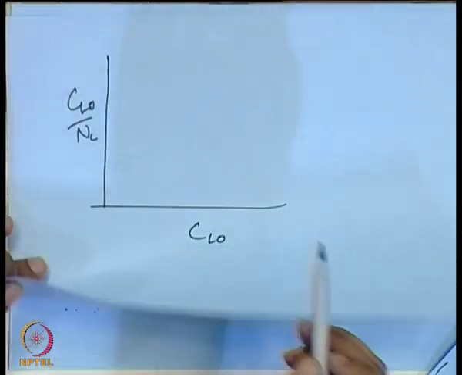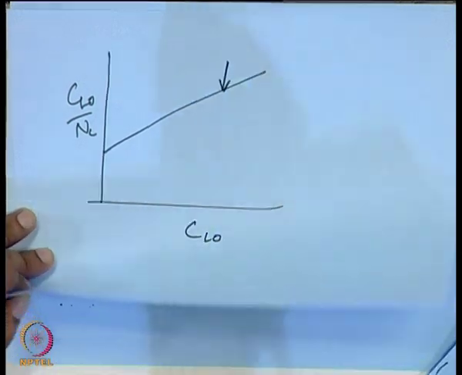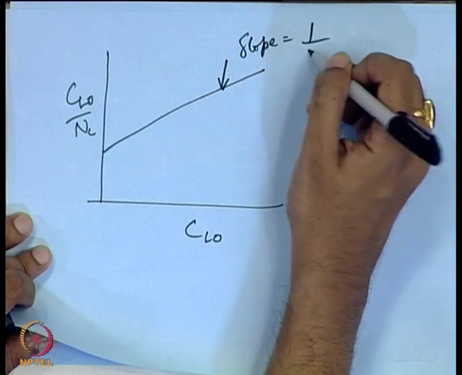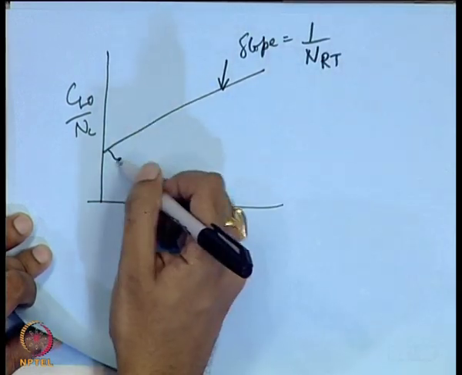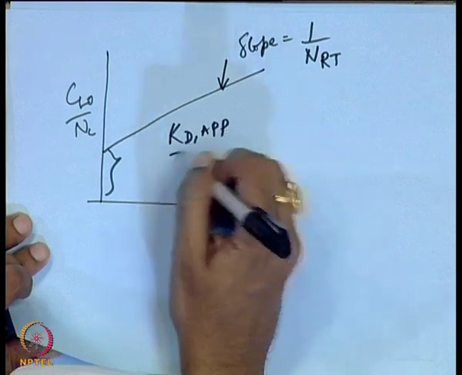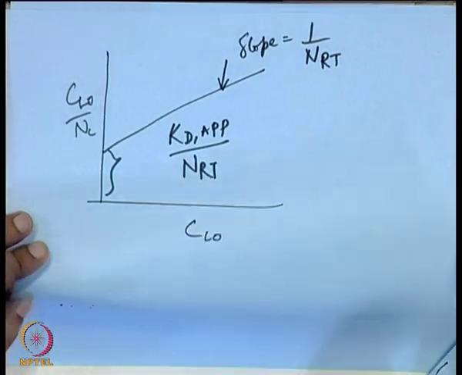So, just as I said, this is going to be a straight line over here, and the slope is going to be equal to 1 over nRT, and the intercept is going to be Kd apparent over nRT. Okay.